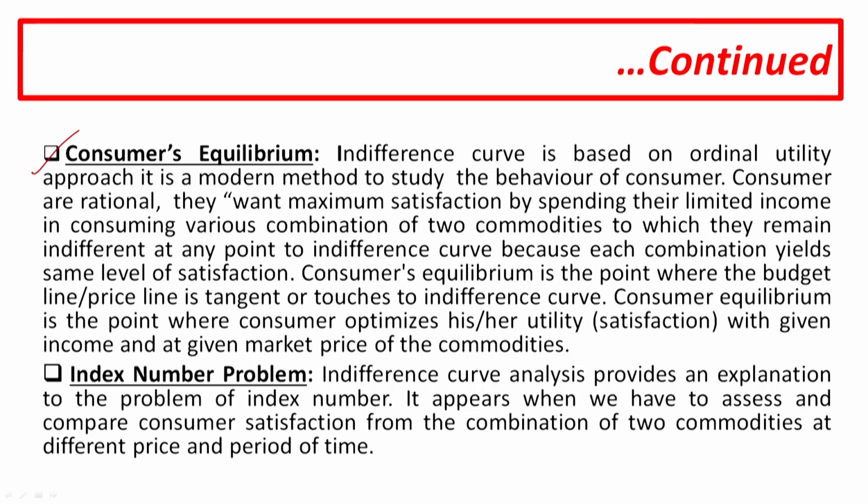So, it is the position of no change, because whatever satisfaction the consumer is getting, he does not want to increase any further consumption, and at the same time is neither interested to reduce the consumption. That means it is the ideal point where the consumer is getting the maximum satisfaction.